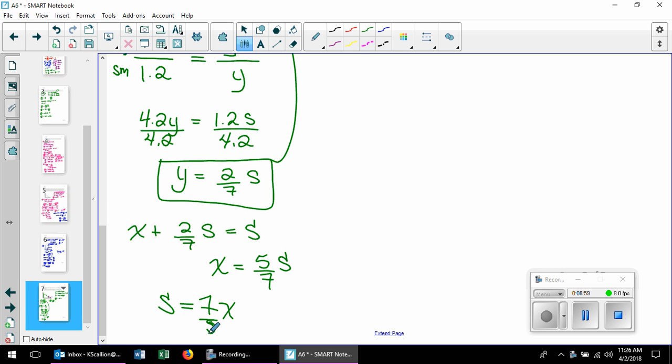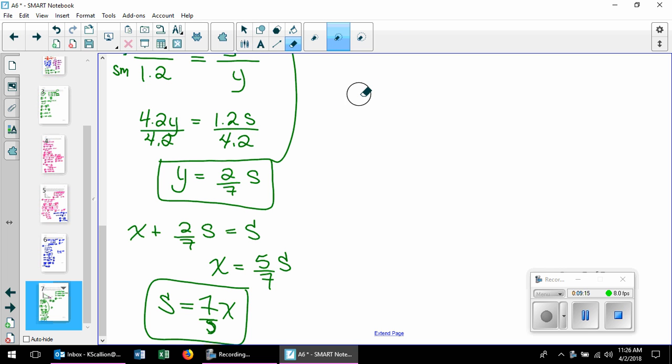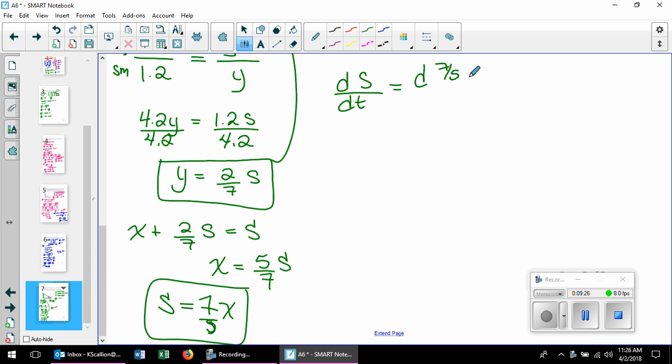All right, so let's derive. You ready? So now that you have the equation, we're going to find the derivative of that. I'm going to take the derivative of s over d of t, that's this side, and I'm going to take the derivative of 7/5 x with respect to t on this side.